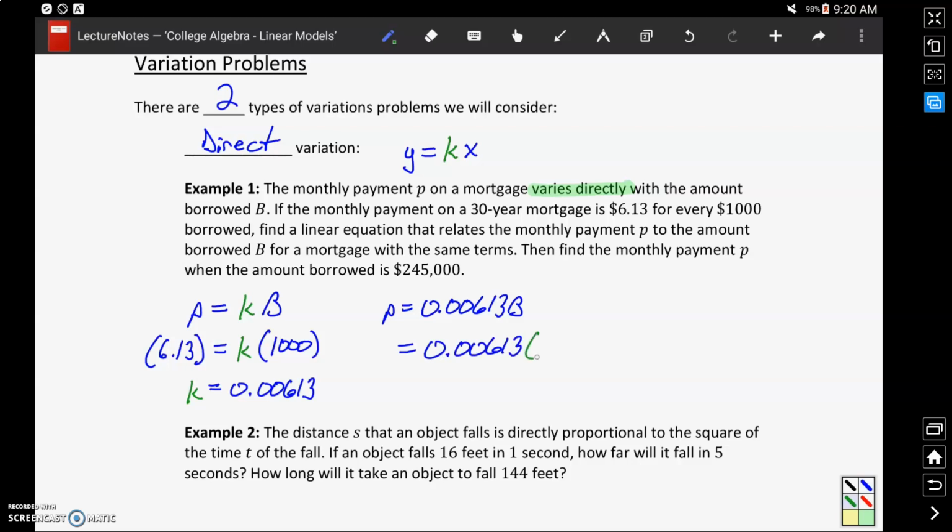So we'll substitute in for B, 245,000. And then multiplying together will give us $1,501.85. So this is telling us that if we borrow $245,000, then our monthly payment will be a little over $1,500.